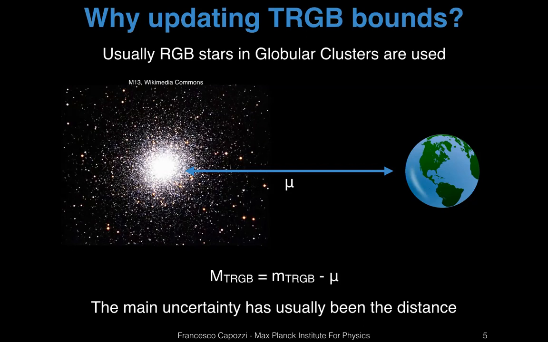The first one is that usually these bounds come from red giant stars in globular clusters. And the main uncertainties of these bounds come from the distances. Basically, because what you measure is the apparent magnitude, but in order to get a bound, you need the absolute magnitude.